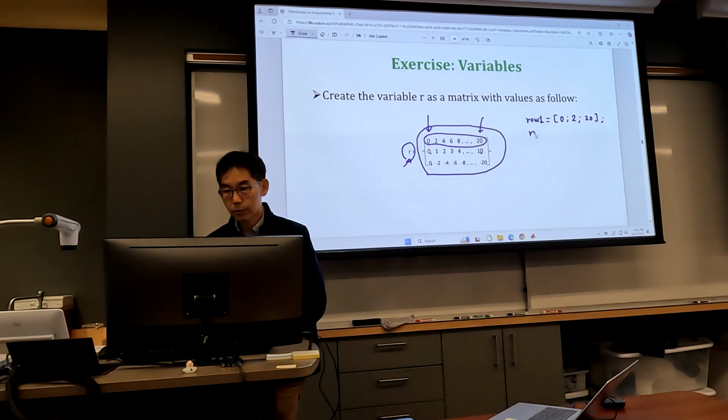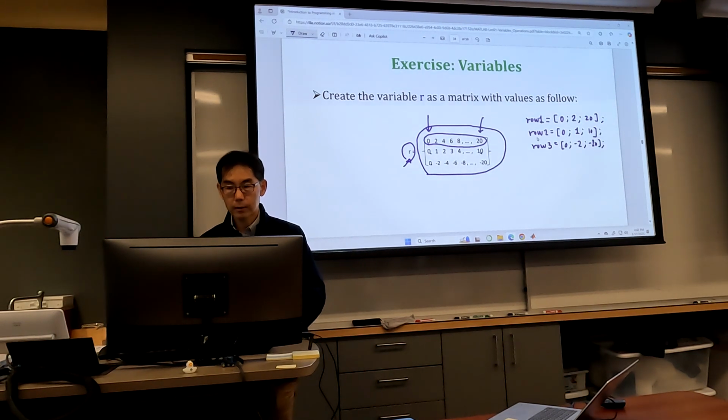And then row 2: 0, increment is 1, 10. Row 3: 0, -2, -20.